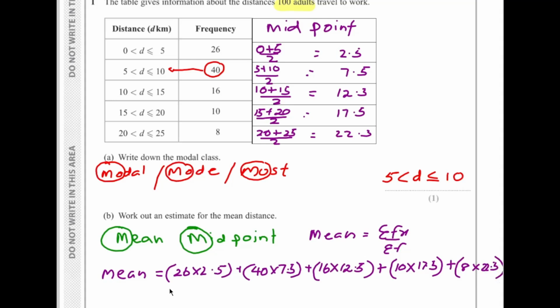So we are done with all the products of frequency and class midpoint.